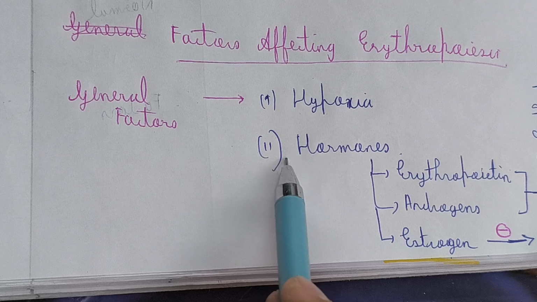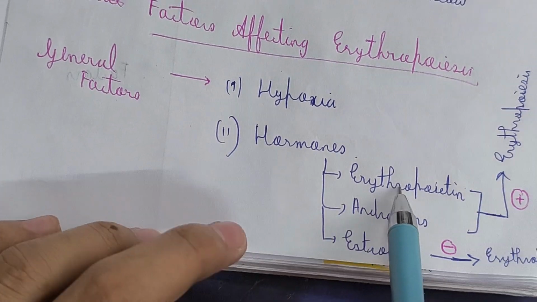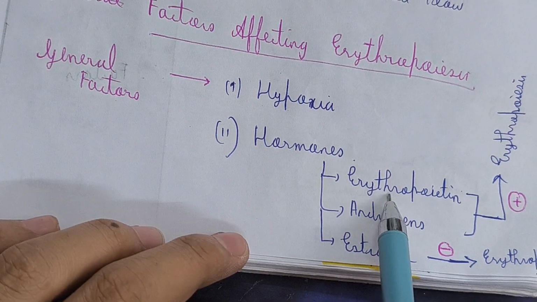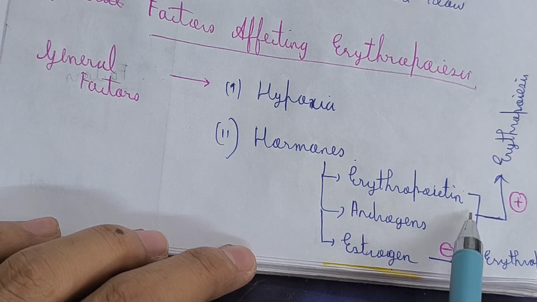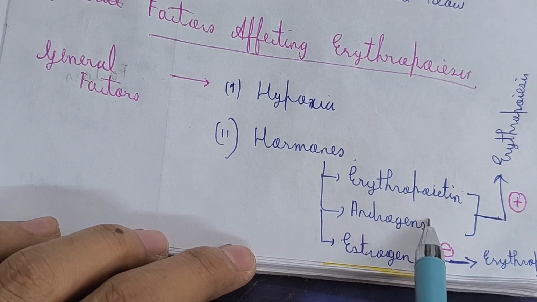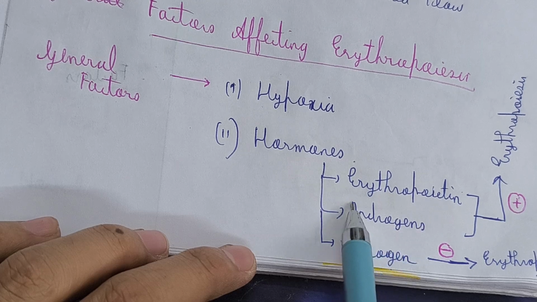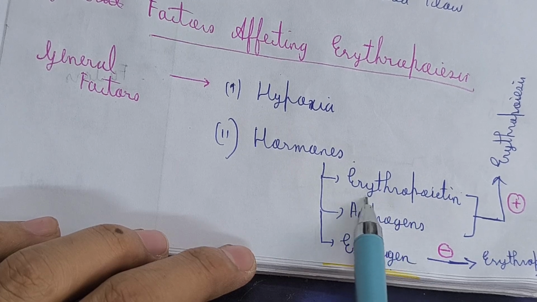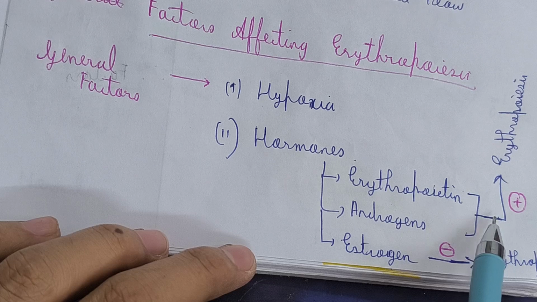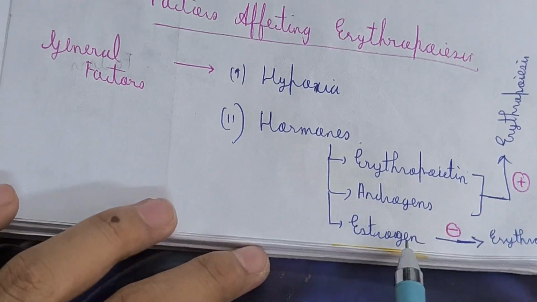And number two, hormones. Here you can see erythropoietin, mainly found in the kidney, and androgens stimulate erythropoiesis. And you know that a high concentration of androgens is found in males, and these androgens stimulate erythropoiesis.